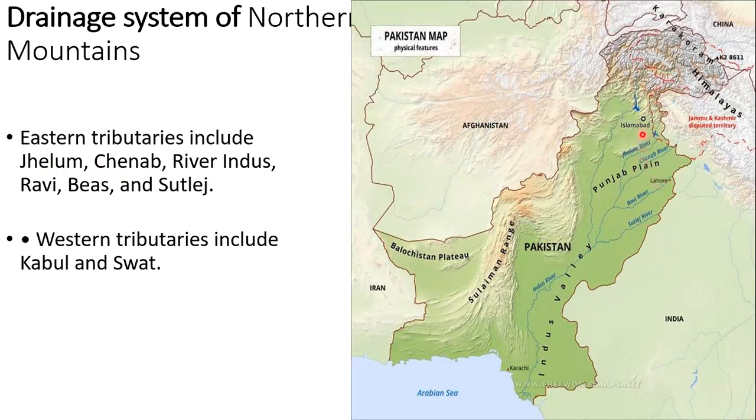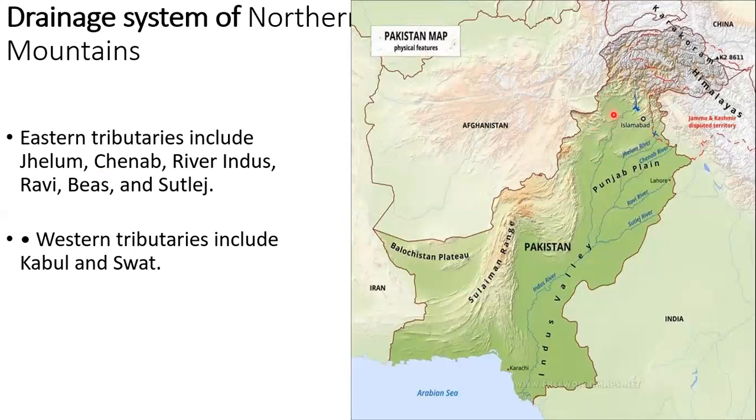Well, the northwestern mountains have two main rivers: the river Kabul, which starts from Pakistan region and then travels into Afghanistan and flows back into Pakistan, and in Nowshera, KPK, it connects with the river Sindh, clear, fine, and the Swat River.